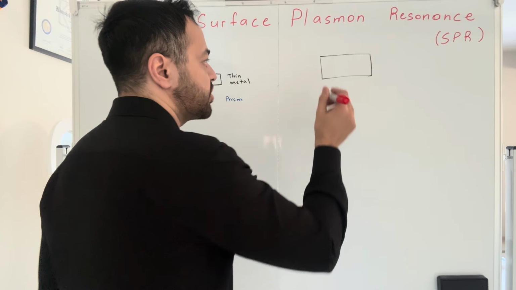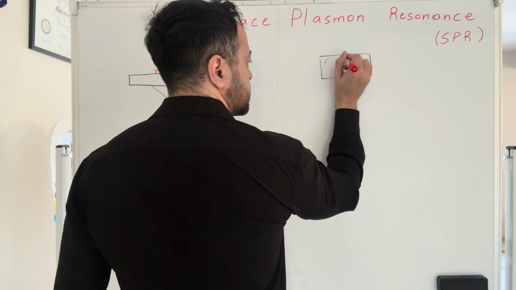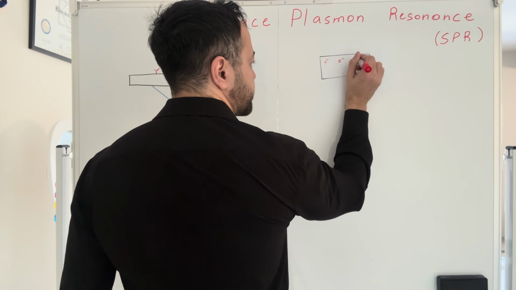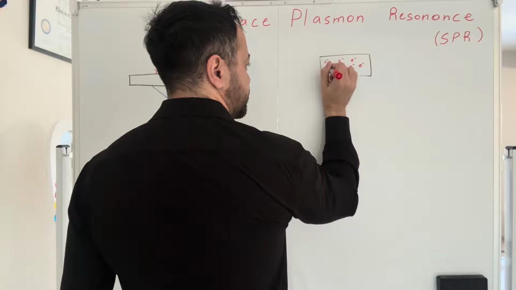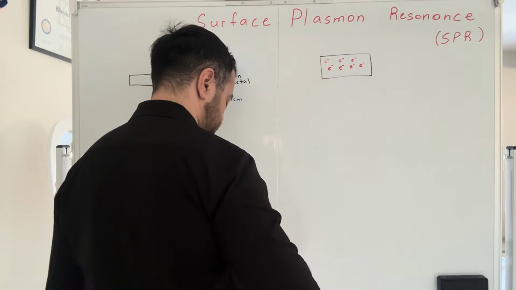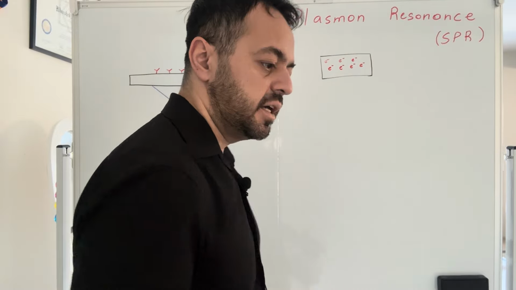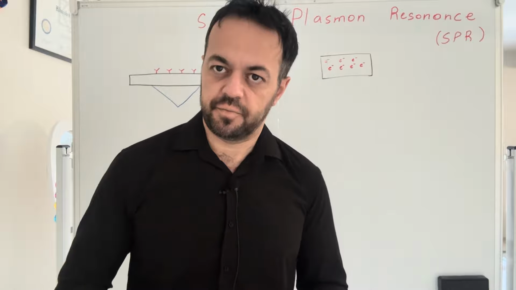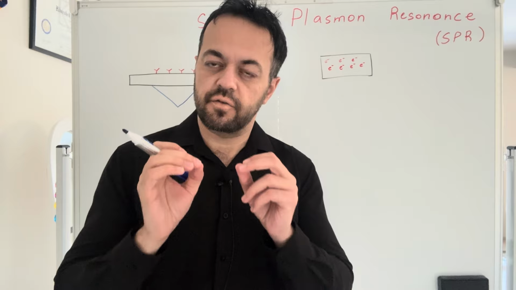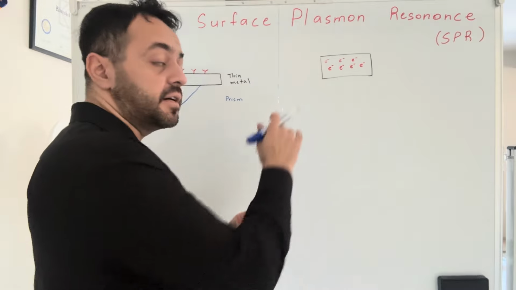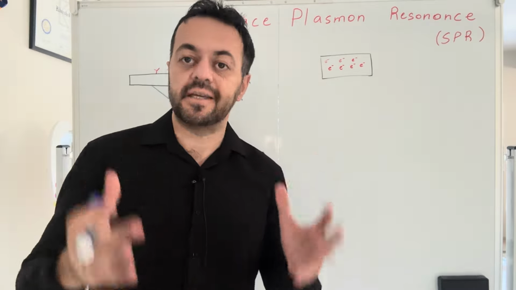So there are a lot of electrons, and they are also called conductive electrons, on the surface. So what happens when you apply the right amount of energy, which is the right wavelength or frequency? They start wiggling, they start oscillating.